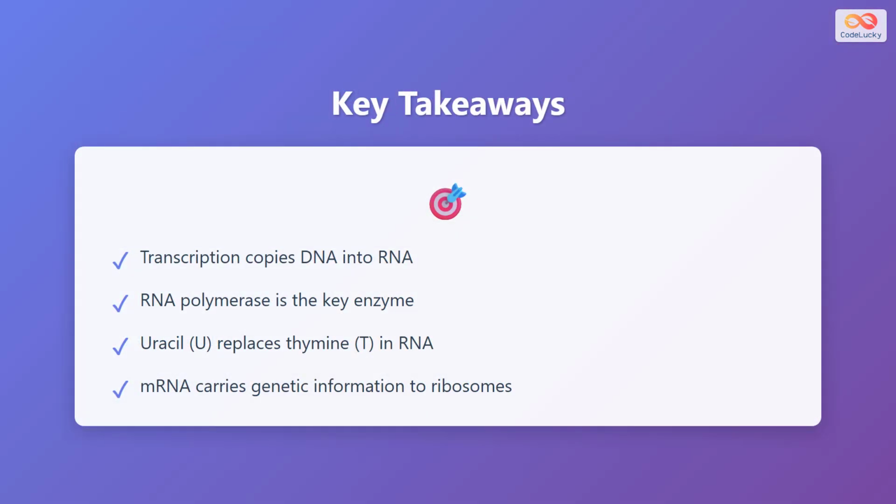Let's review the key takeaways from this lesson. First, transcription is the process that copies DNA into RNA, creating a working copy of genetic information. Second, RNA polymerase is the essential enzyme that catalyzes transcription, unwinding DNA and synthesizing RNA.